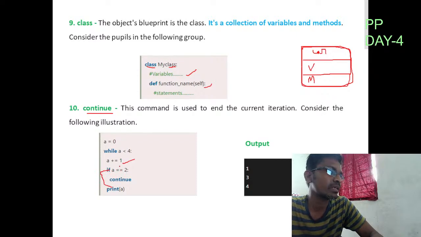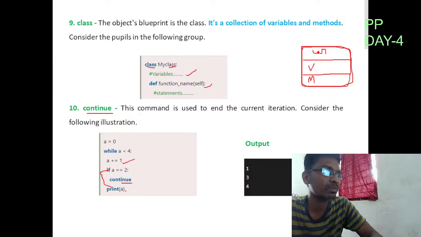Next, whenever a is equal to 2 and this condition is satisfied, then it will continue to the next iteration. So that's why it has not printed 2 here. After the first iteration, it prints 1. After the second iteration, the condition is satisfied, so it continues to the next iteration.